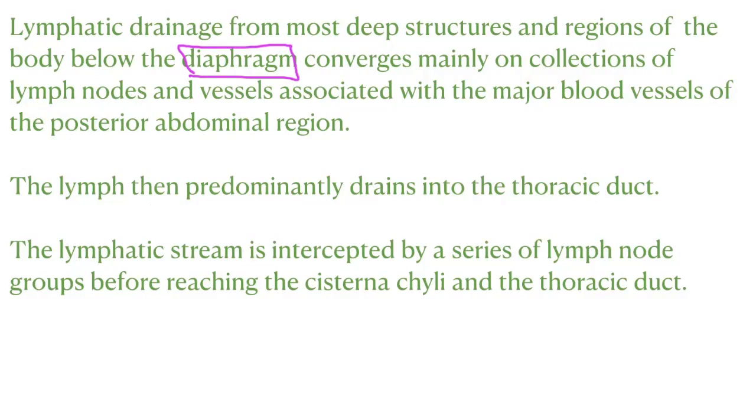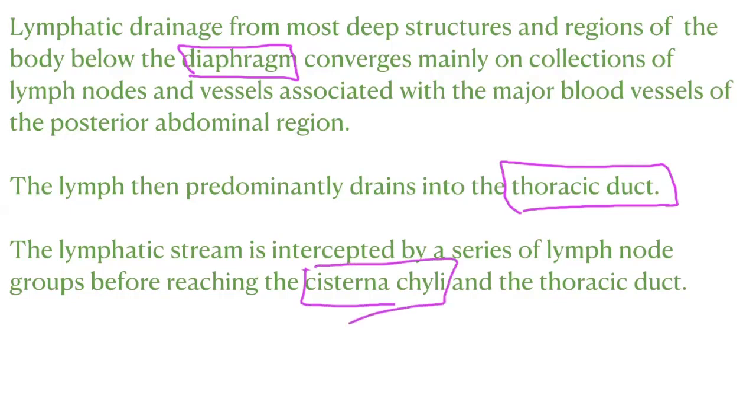The lymph then predominantly drains into the thoracic duct. We'll see shortly. The lymphatic stream is intercepted by a series of lymph node groups before reaching the cisterna chyli and the thoracic duct.